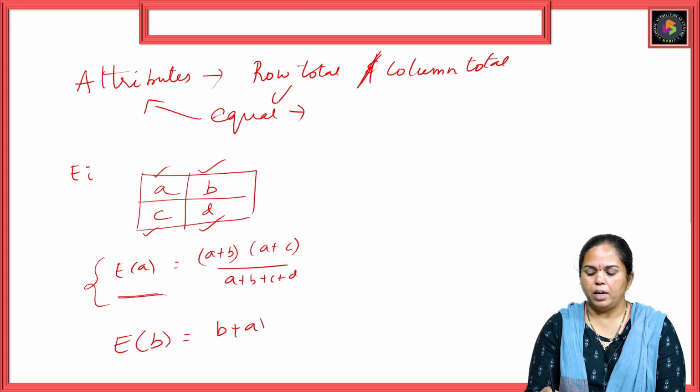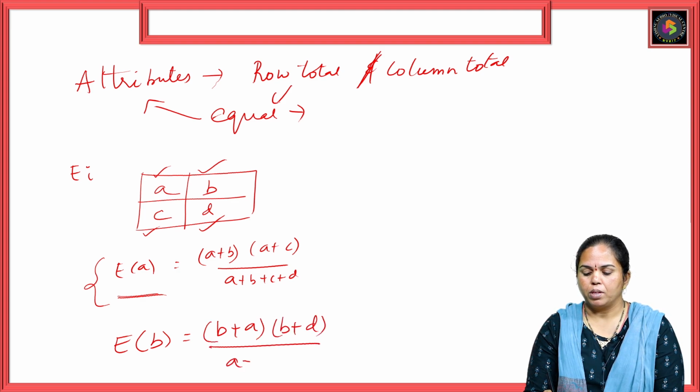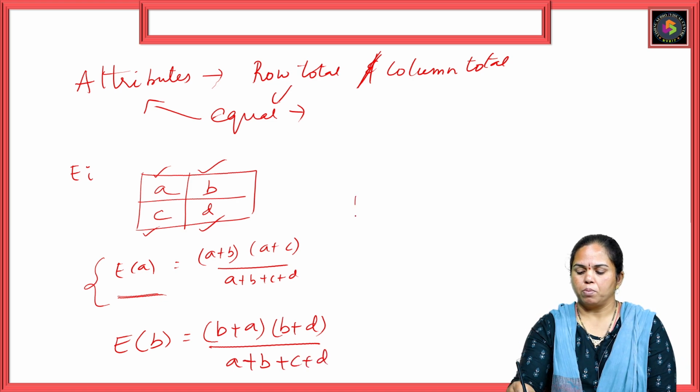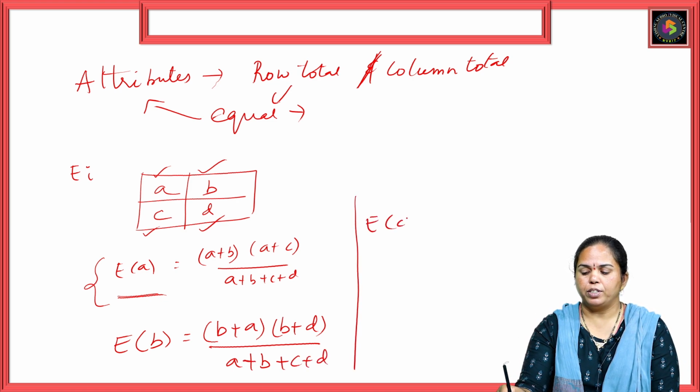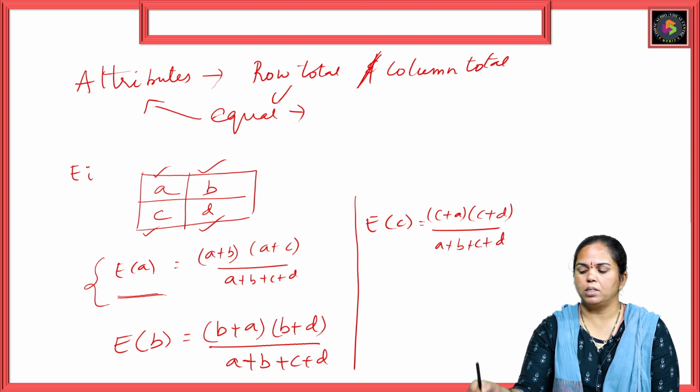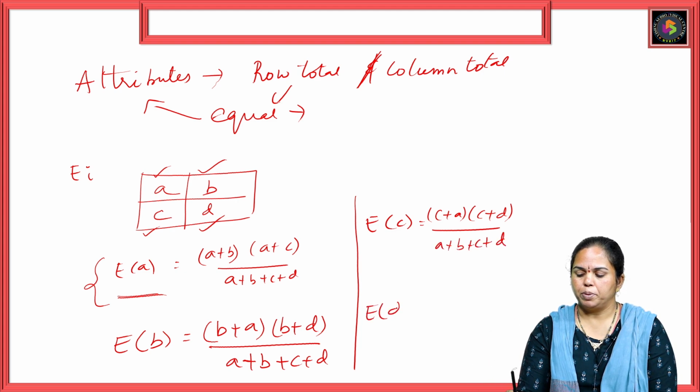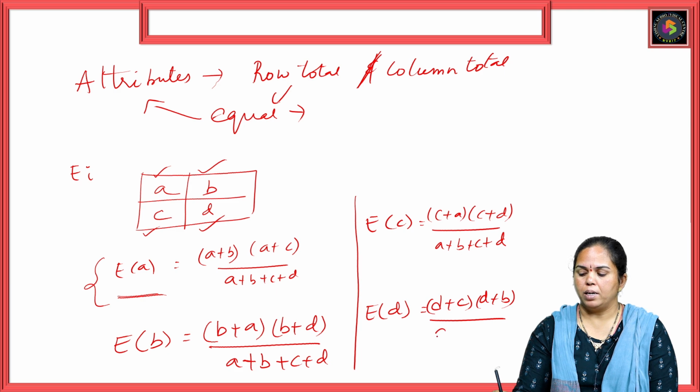B plus A into B plus D by A plus B plus C plus D. Expected frequency of C: C plus A into C plus D by A plus B plus C plus D. Expected frequency of D: D plus C into D plus B by A plus B plus C plus D.